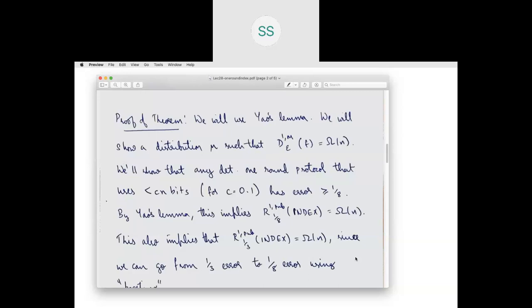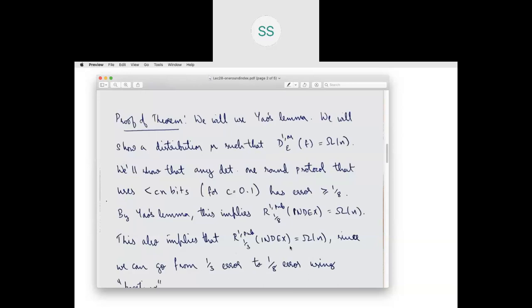We can repeat and use a Chernoff bound argument to show that there exists a 1/8 error protocol by boosting it, and it incurs only a constant blow up in the cost. So if the 1/3 error protocol is linear, the 1/8 error protocol also will be linear, but if 1/3 error protocol is sublinear, 1/8 error protocol is also going to be sublinear, which we know is not going to be possible. So even this is not going to be possible.